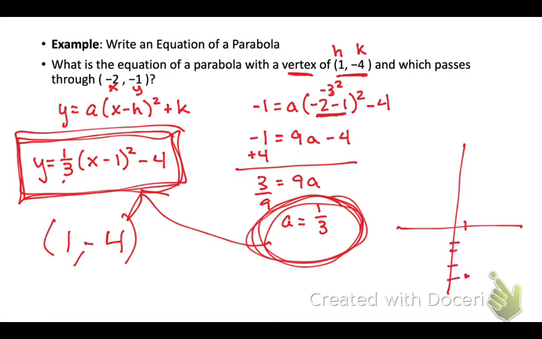And it opens up. It's wider. Right now, we don't know what the x-intercepts are, but we will be finding those soon, just not today. How do you know it's wider? Because it's 1/3. Between 0 and 1 is wider. Positive opens up.